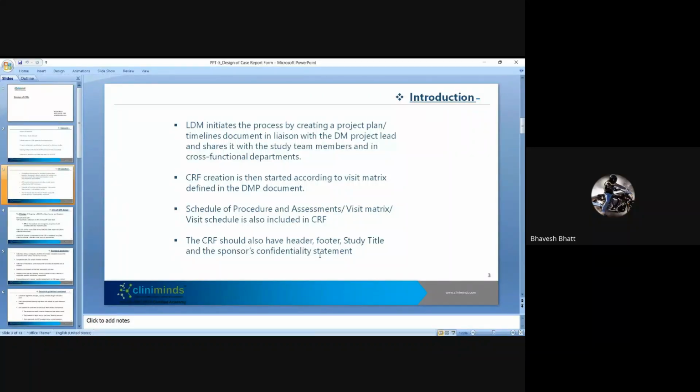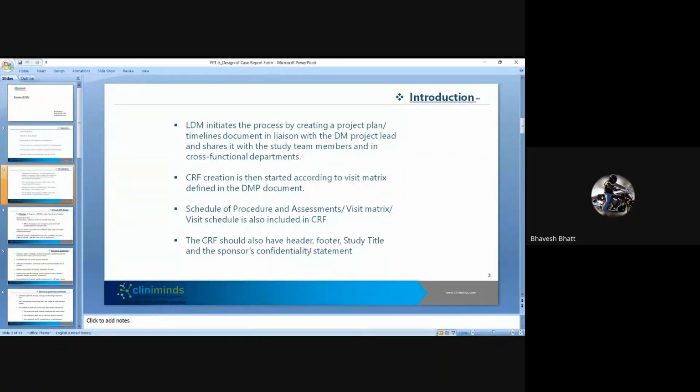So a lead DM would initiate the process by creating a project plan, which is also called the timelines document, in liaison with the DM project lead, as in the one who has more in-depth knowledge or more experience, who is the data management project lead.